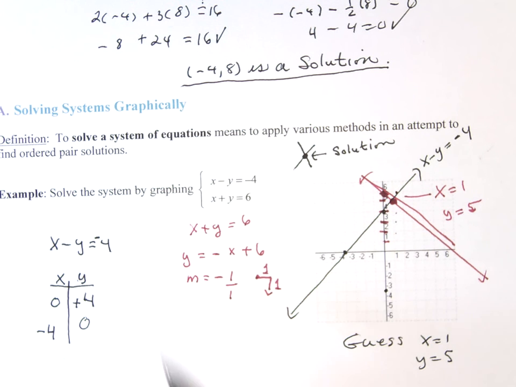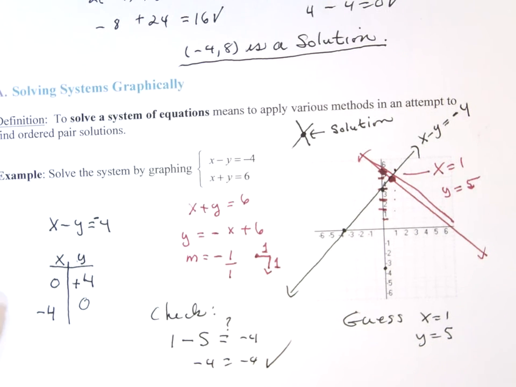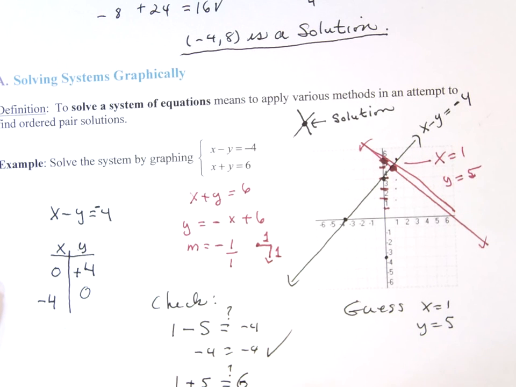Well, we can check. Is x minus y, 1 minus 5, negative 4? Yeah. And is 1 plus 5 equal to 6? Yeah. So indeed, my guess is correct.